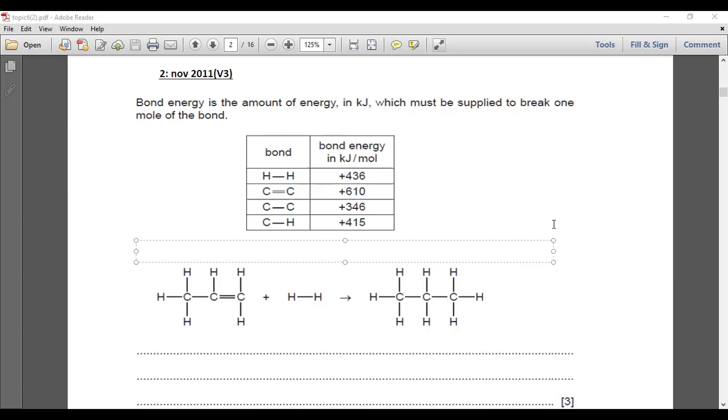So everyone in your paper, please solve in your paper, then send.